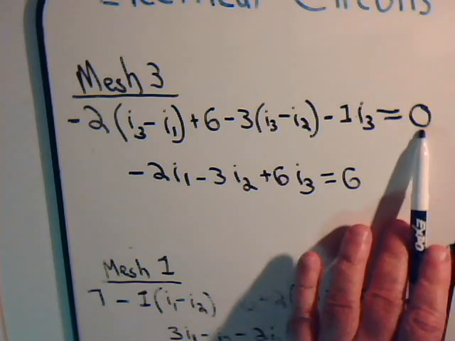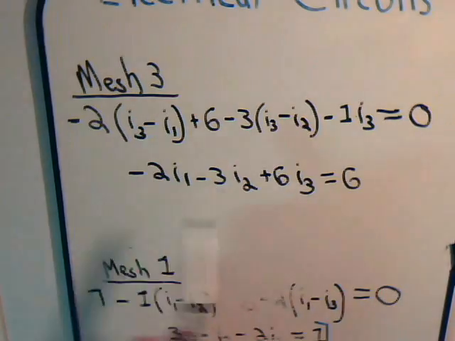Putting this over here makes it negative. When you do your algebra and multiply through by a negative 1, you come up with this expression. So we have this equation.